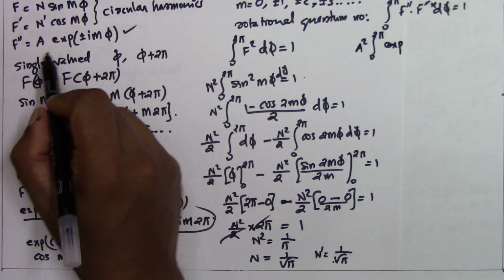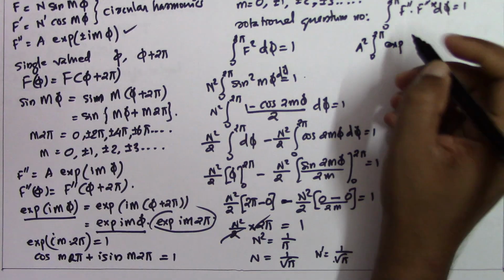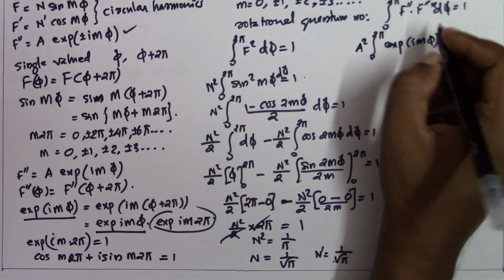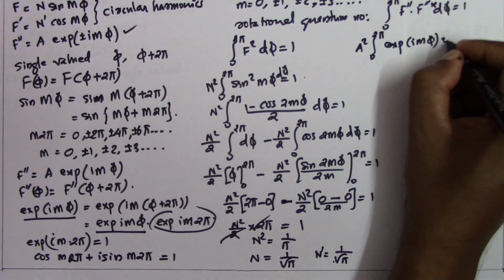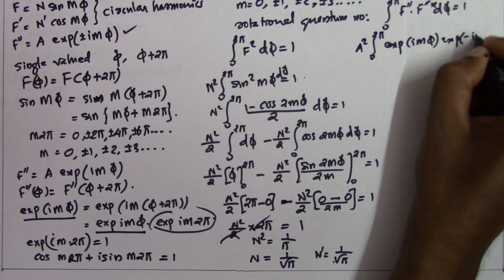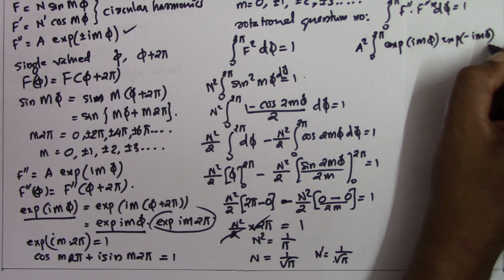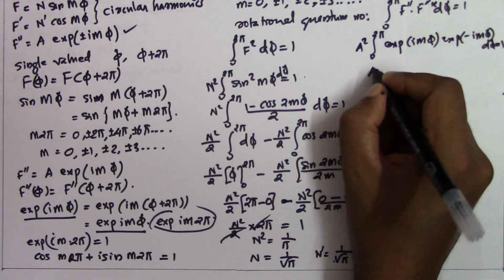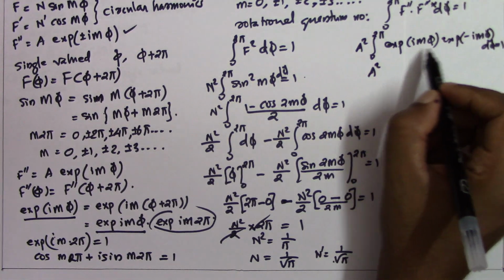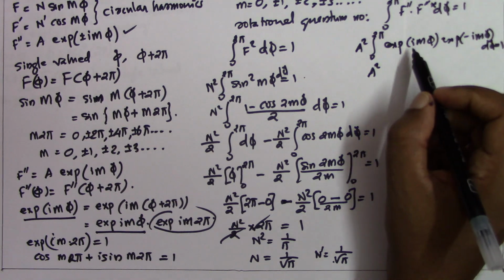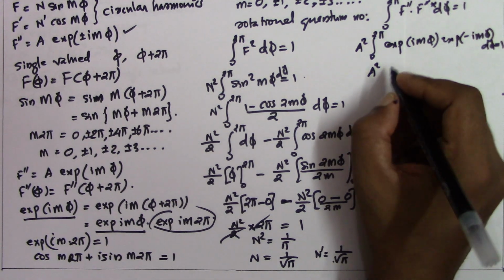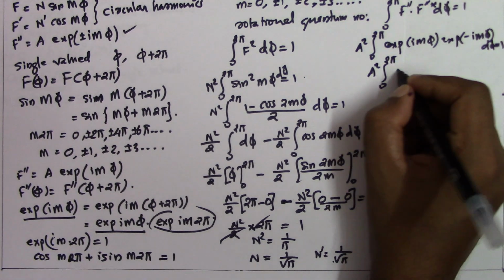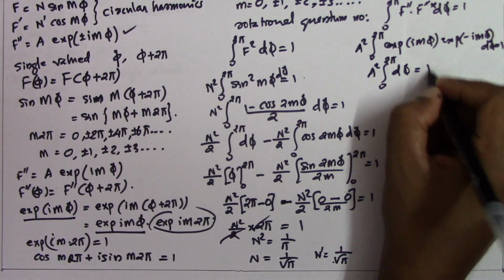Let's take the solution A exponential im phi, then f star, that is exponential minus im phi, d phi is equal to 1. So it means that A square exponential im phi exponential minus im phi, that is equal to 1, A square into integral 0 to 2 pi 1 into d phi is equal to 1.